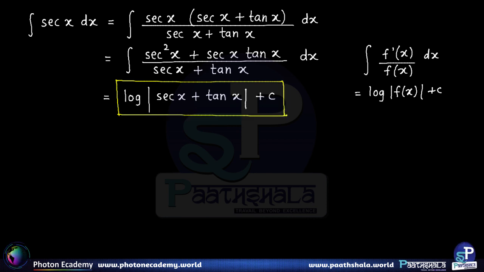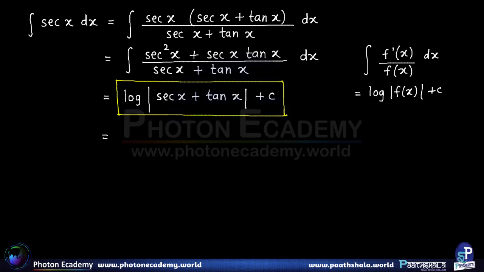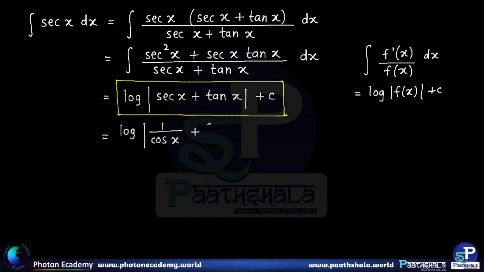Now there is another form also, that is, we can simplify and rewrite this into another way in which the angle is x by 2 instead of angle x as it is presently here. So here what we do is we basically express this in terms of the half angles, and to do that, first let us write sec x as 1 upon cos x and tan x as sin x by cos x.